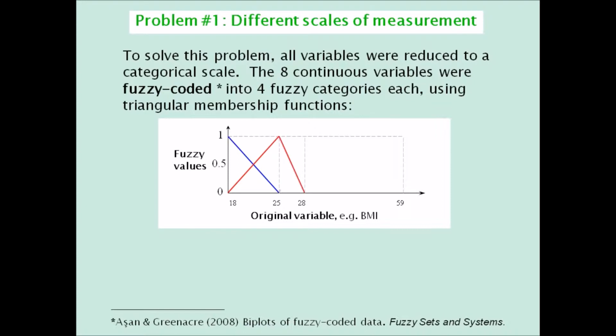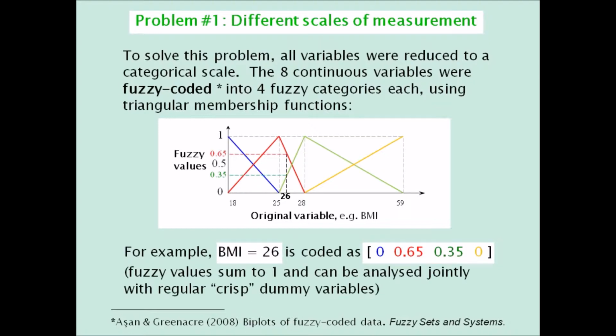This shows the case for body mass index, where a BMI of 26, for example, is converted to fuzzy categories with values 0, 0.65, 0.35 and 0. This is a precise coding of the value 26. The fuzzy coded continuous variables can be analyzed jointly with the other crisp ones, which are coded as regular dummy variables.